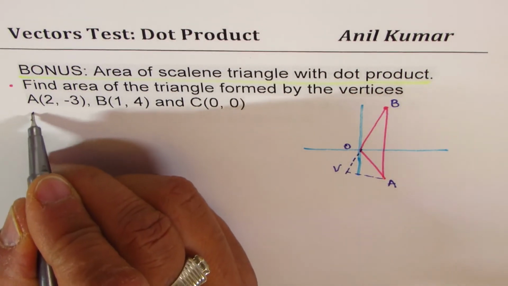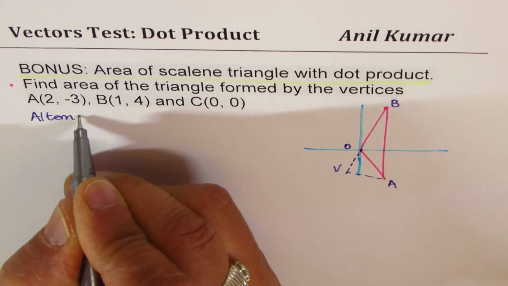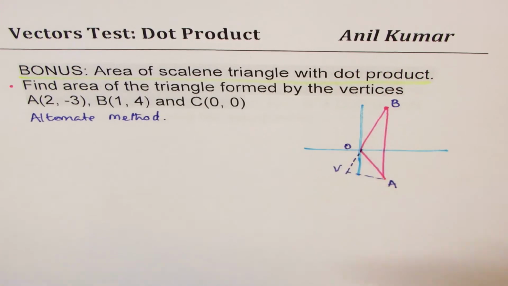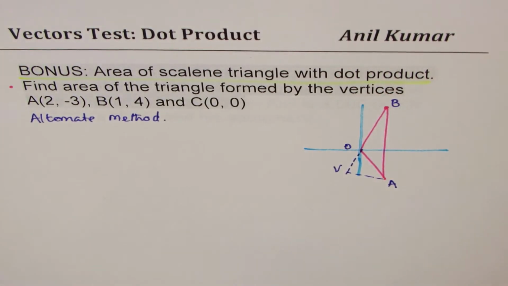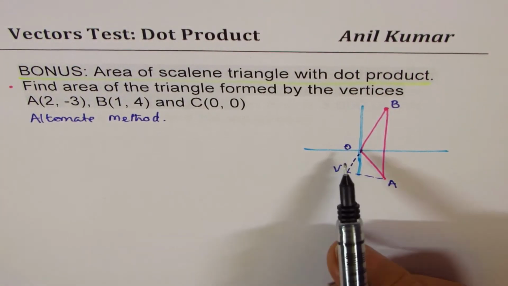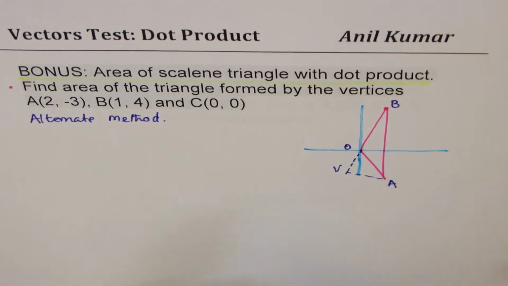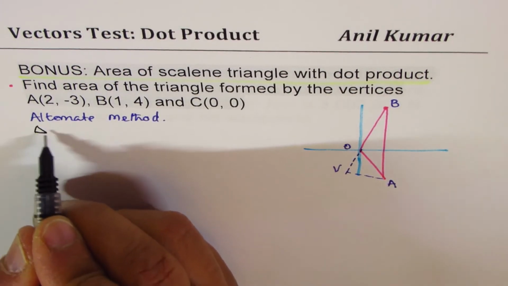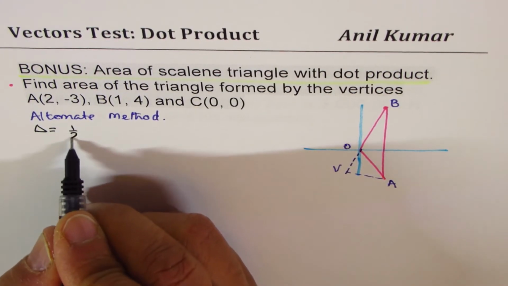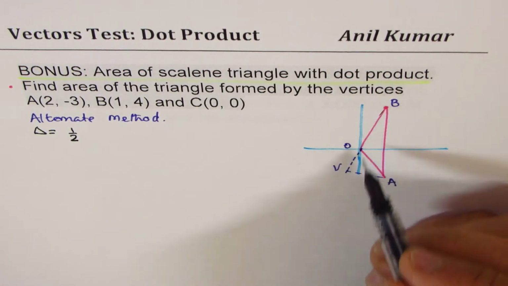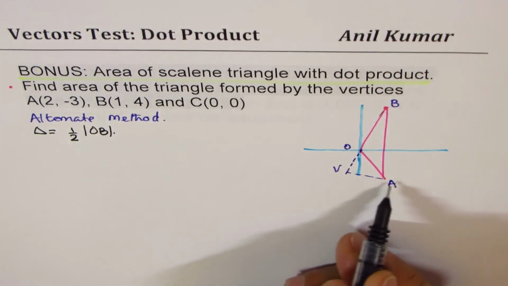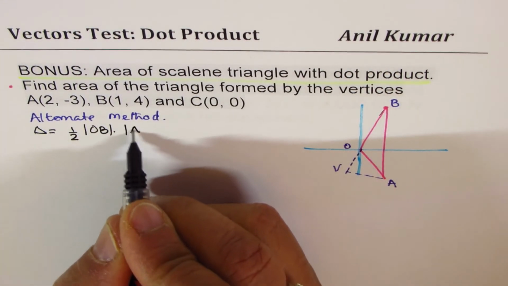But here we'll talk about an alternate method, which is actually a better method to find area of any scalene triangle. So the idea is that area of the triangle will be half of the base. So the base is OB, right? So OB times the height, which is AV.